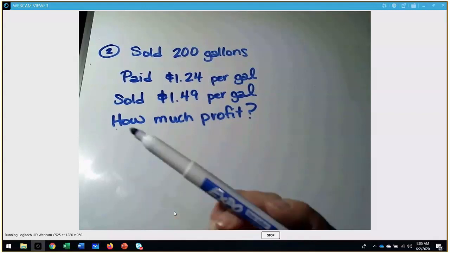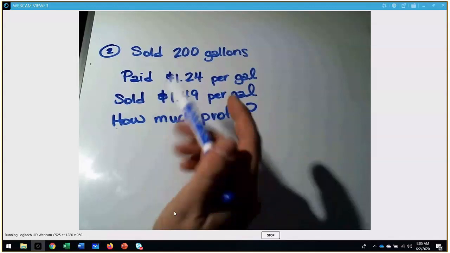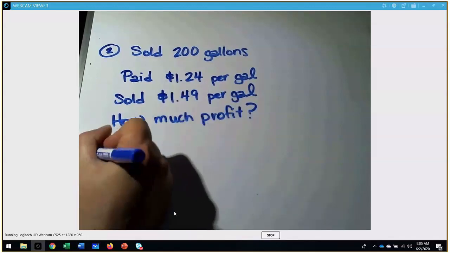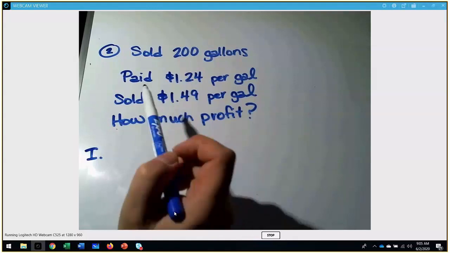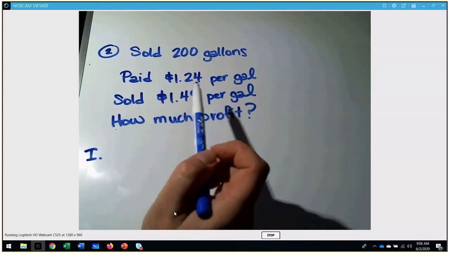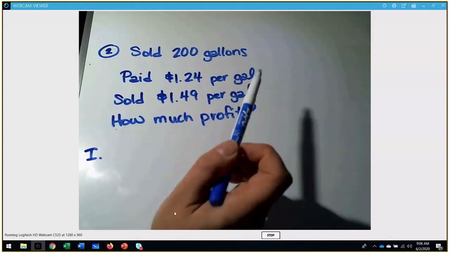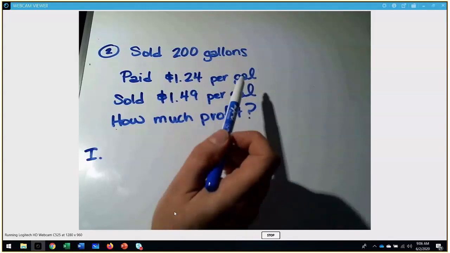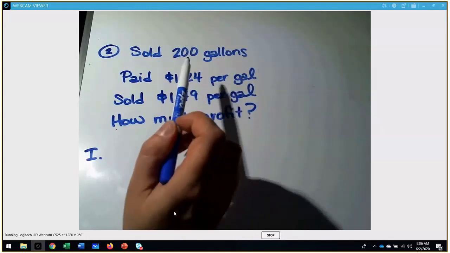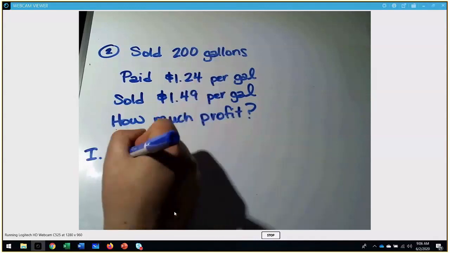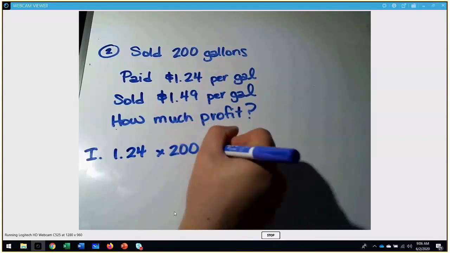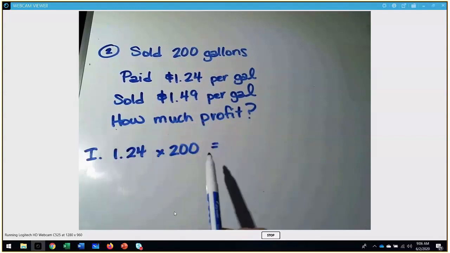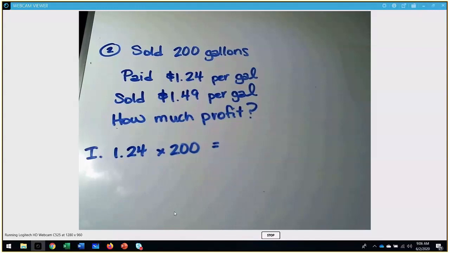That's one way of doing it, so I'm going to go with that first. Method 1: if they paid $1.24 per gallon, that means for 1 gallon, but they bought all 200. I have to multiply that together to figure out how much it cost them just to buy it outright.